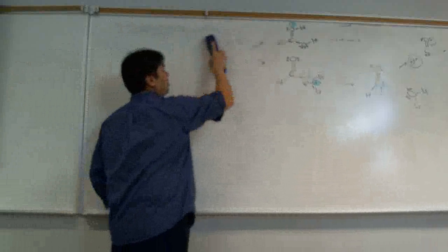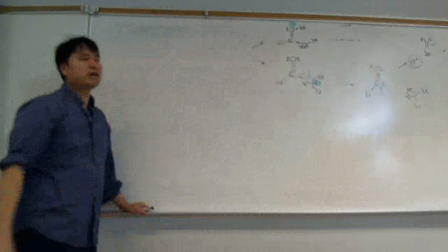one of the reasons why I didn't talk about Lewis acid-base reactions initially. During the first week or first 2 weeks of class, I skipped Lewis acid-base and just talked about Bronsted acid-base reactions. The reason is because Lewis acid-base reactions you usually do mechanistically like this, figuring out what gets attacked by whom.